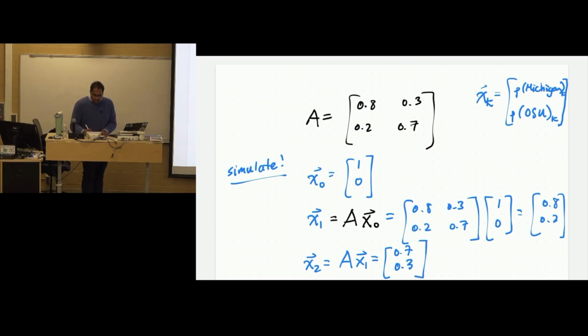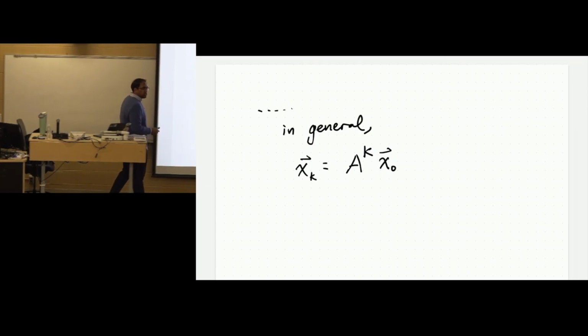And if you unwrap this, all we did is we took A squared, and that's where these matrix powers come from, as I mentioned earlier, multiplied by your initial condition. So in general, the universe at time step k looks like A to the power of k multiplied by your initial condition.